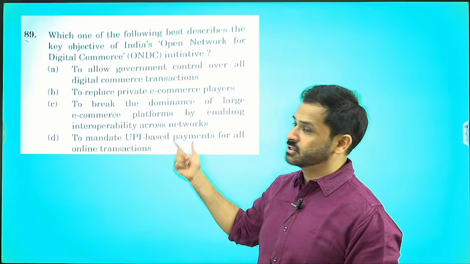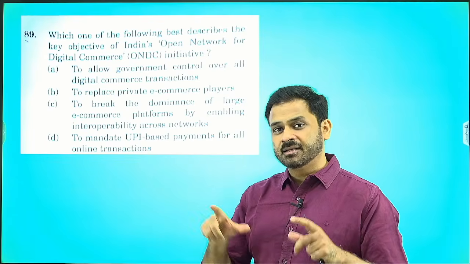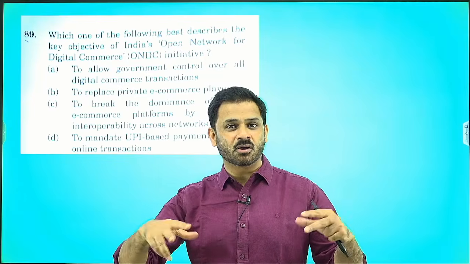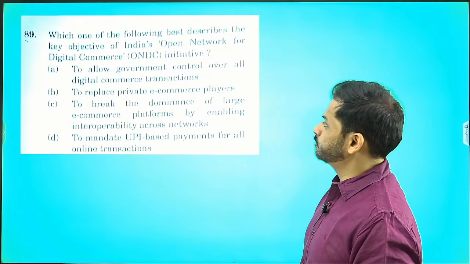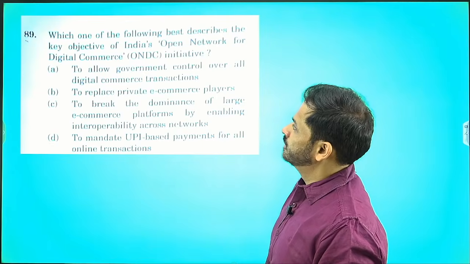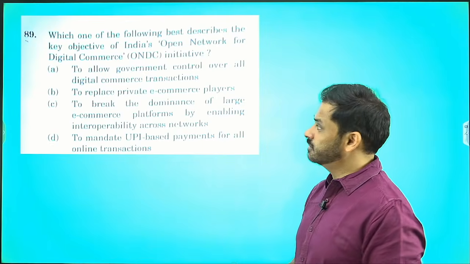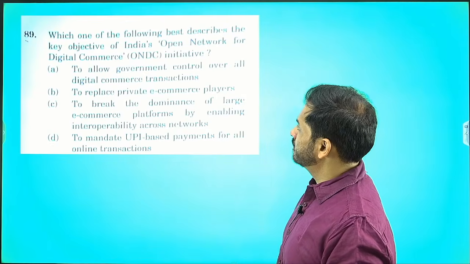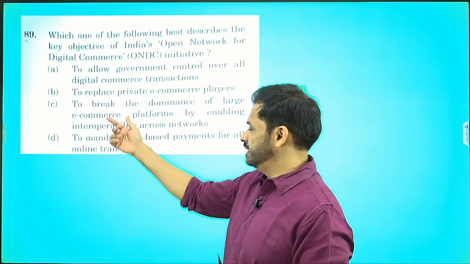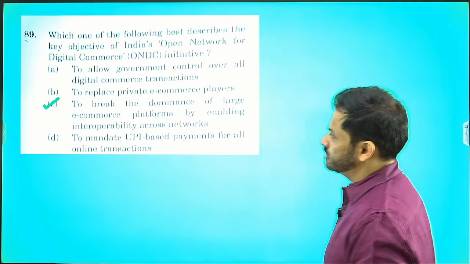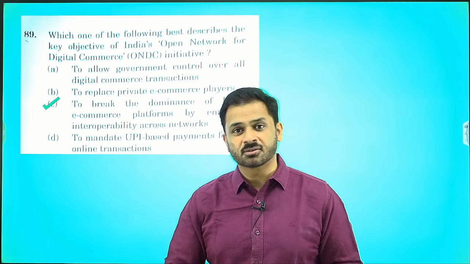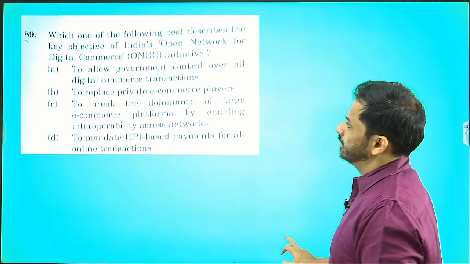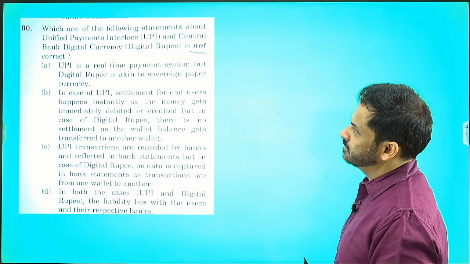This way, it is giving competition to the existing big giants, and this platform helps the smaller players also to integrate into the system, and it becomes far easier for them to generate business for themselves. So let us see which one of the following best describes. Essentially the answer for this is C, to break the dominance of large e-commerce platforms by enabling interoperability across networks.